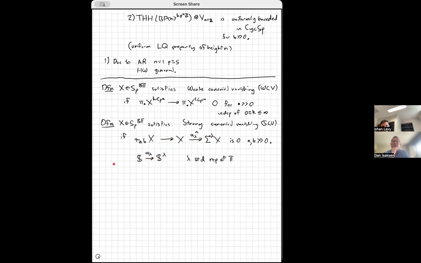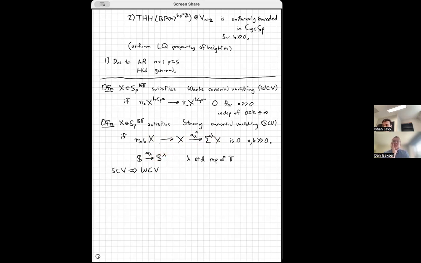Okay? And the point is that strong canonical vanishing implies weak canonical vanishing, because what is this saying? Well, the point is that this map is an isomorphism after you take the Tate construction, because the fiber of this map is acted on freely by a free finite complex, like the unit sphere inside this representation.